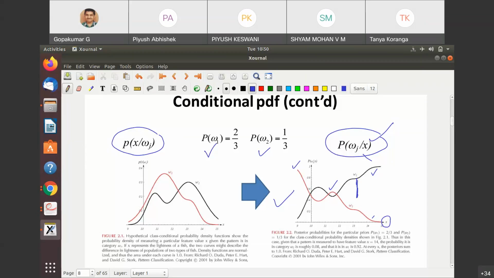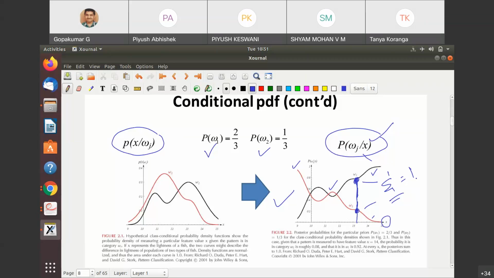At this point, we have the probability of W2 given X and the probability of W1 given X. If they are added together, that should be equal to 1, because we have only two classes and they should add up to one. So the posterior probabilities should also add up to one.